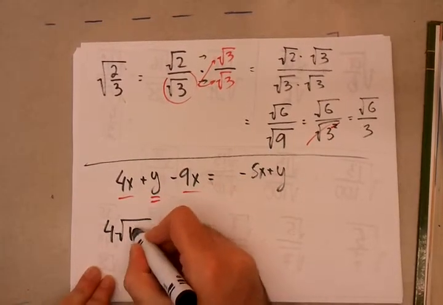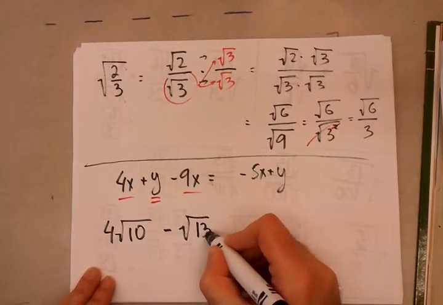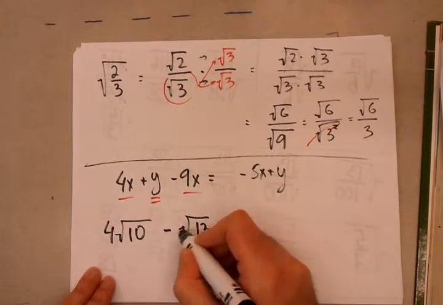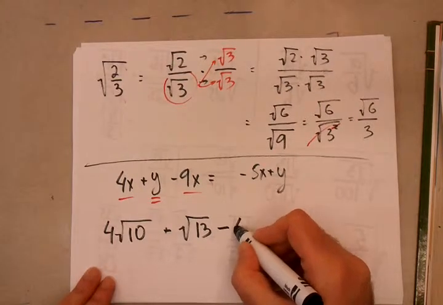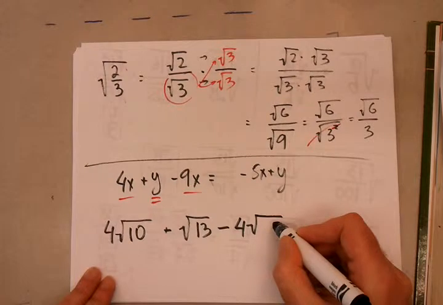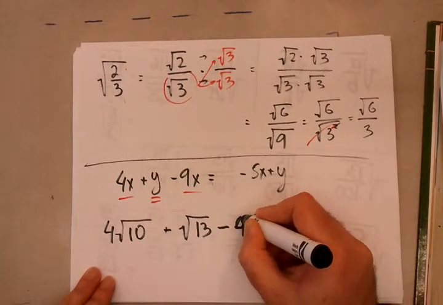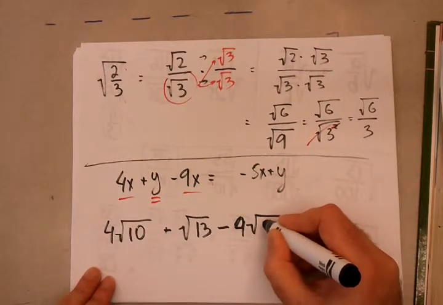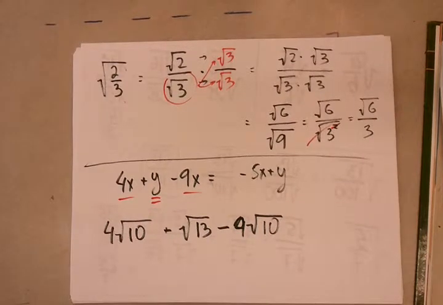4 root 10 minus root 13, sorry, plus root 13 and then minus 9 root 10. That's not a 4, that's a 9, sorry. So take a look at this problem.